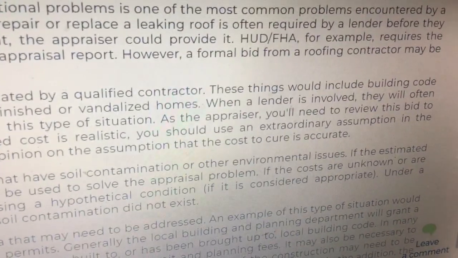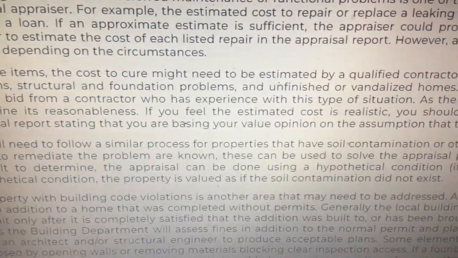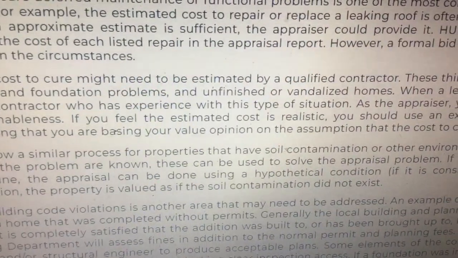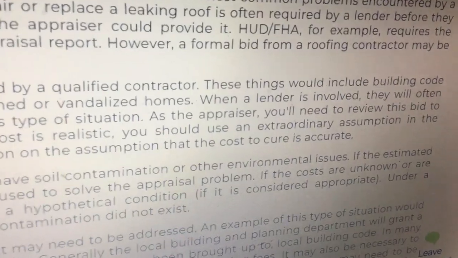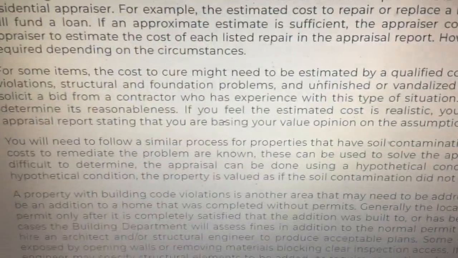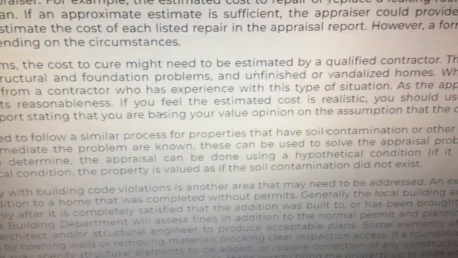If the costs are unknown or are difficult to determine, the appraisal can be done using a hypothetical condition, if it is considered appropriate. Under a hypothetical condition, the property is valued as if the soil contamination did not exist.